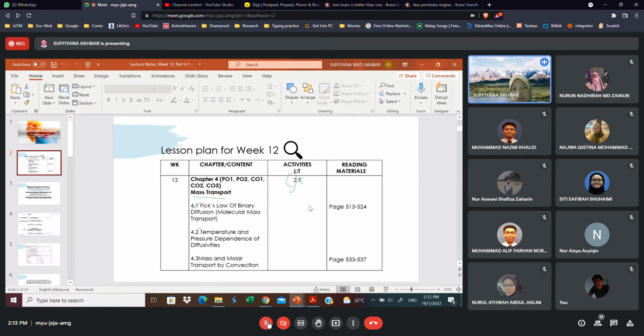And then we go to 4.2 to estimate the mass diffusivity. And the last subtopic, we learn about the mass and molar by convection. You can refer to the textbook on page 513 to 524, and also page 533 to 537.